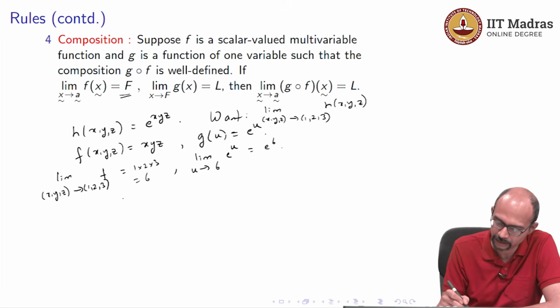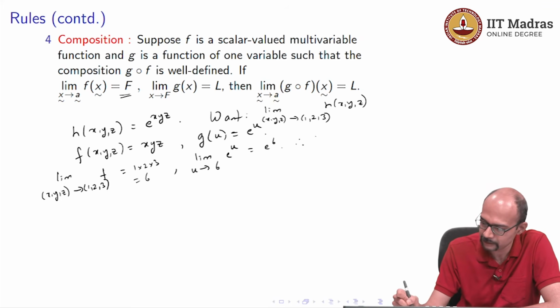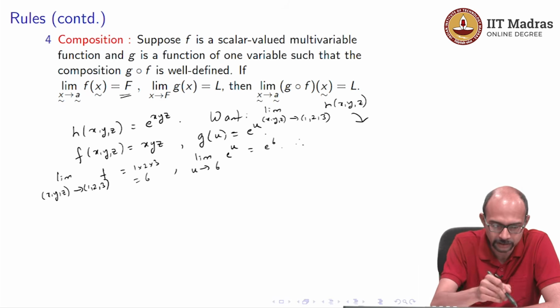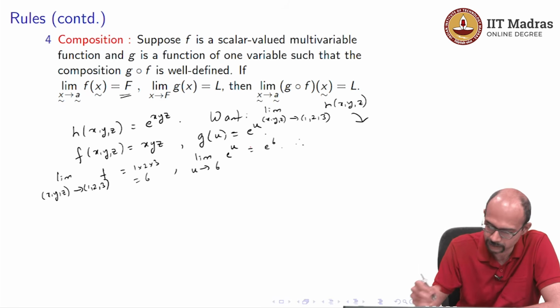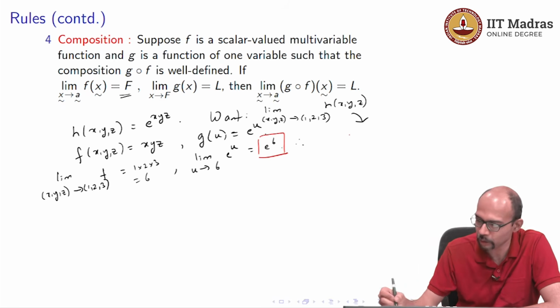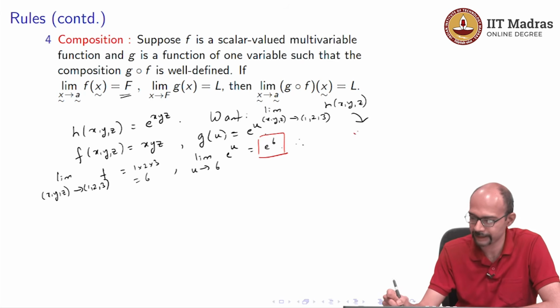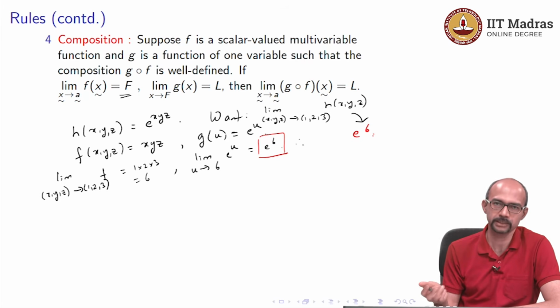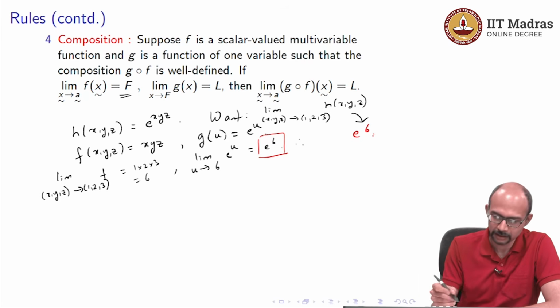So, what is the net result? The net result is that this limit that we wanted is exactly this number here, e to the power 6, because I can compose. So, that is the answer, and this is again essentially saying you can substitute.